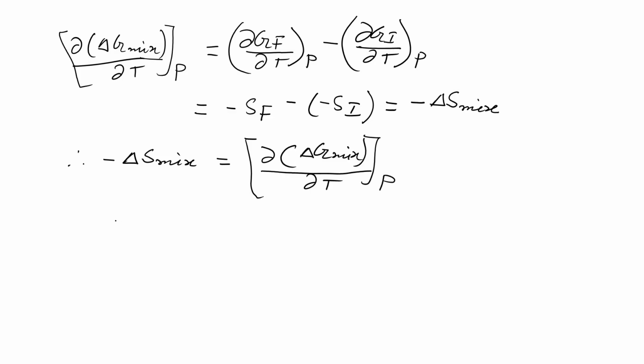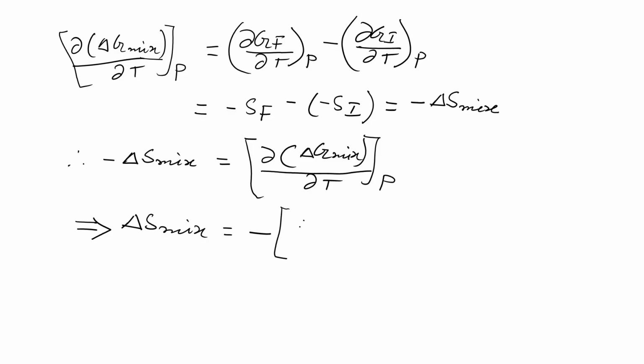From here we can write delta S mixing equals minus dol of delta G mixing by dol T at constant pressure.